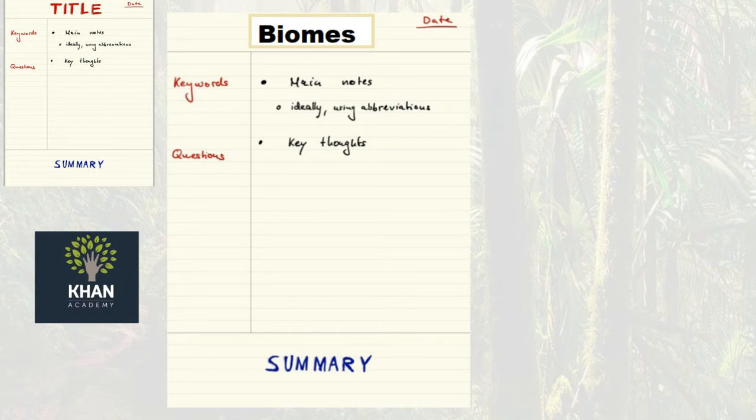As you're watching this video, you're going to be listening for keywords and key thoughts, and as you hear them, you write them down so that you remember them. The great thing about a video is if they talk too fast, you can pause it and then write it down, or even back up the video to write down your information. So let's start with the Khan Academy and then work on our notes.